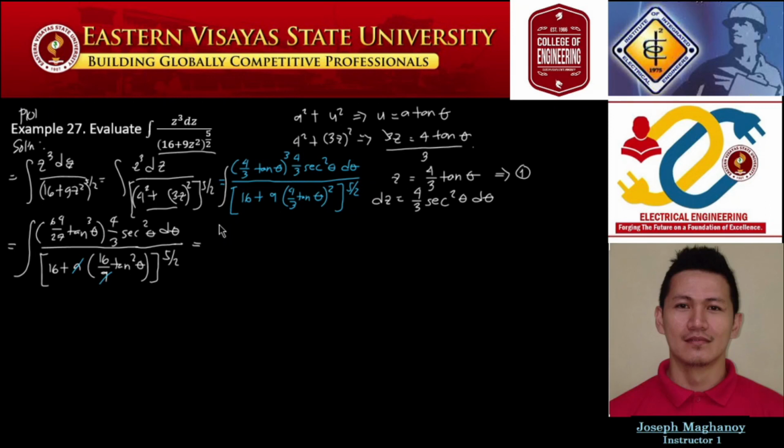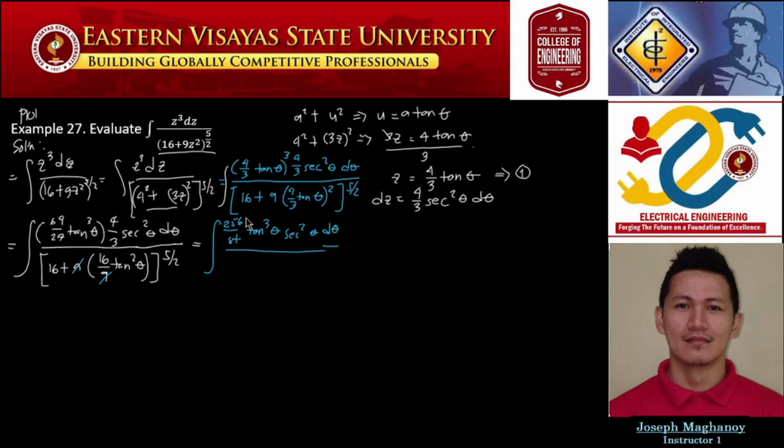Integral of 64/27 times 4/3, that is 256/81, tangent cube theta and secant squared theta and d theta.